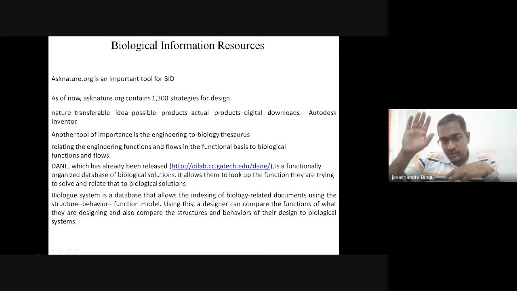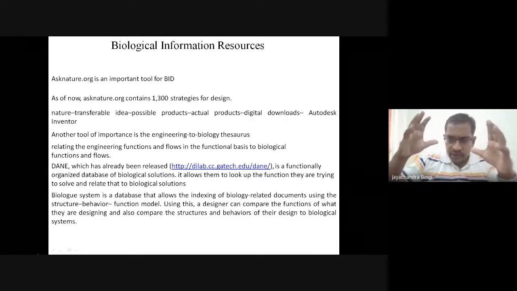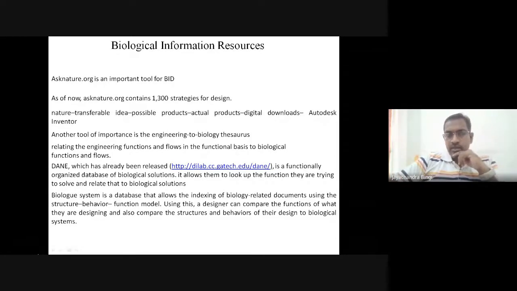Then it will show the different species with that particular function. You can give a keyword related to form, or a keyword related to function. Whichever keyword you decided based on your problem, you can go to Ask Nature and probe. Then some initial inputs will come at least, and from there you can start your journey.